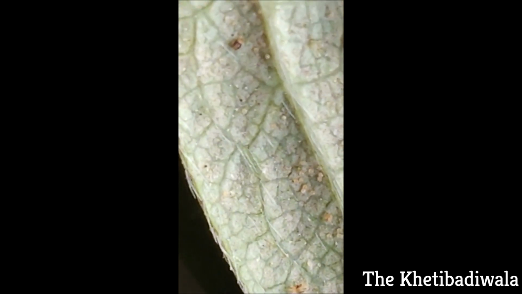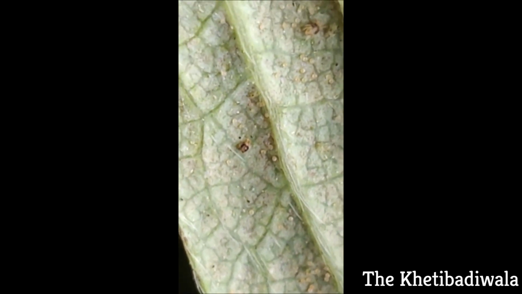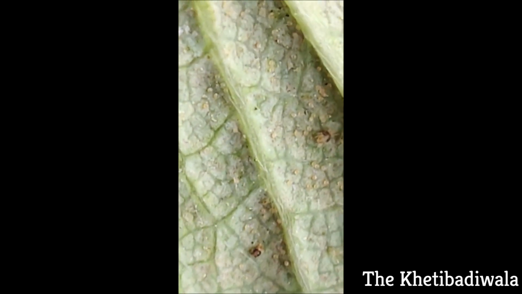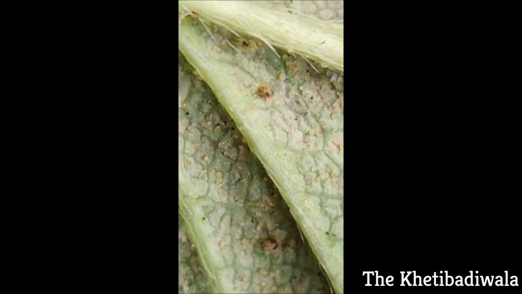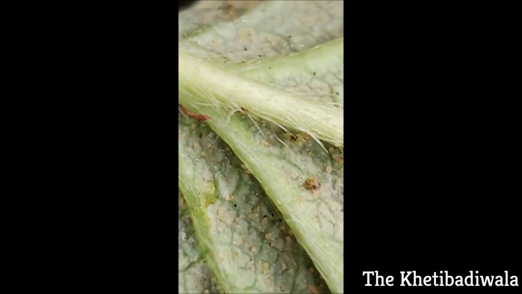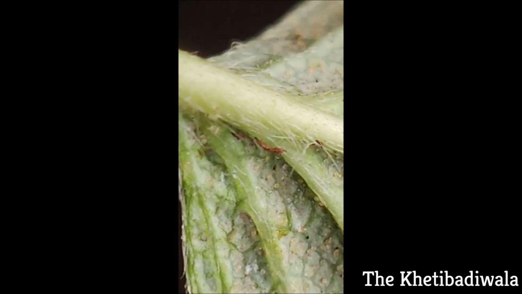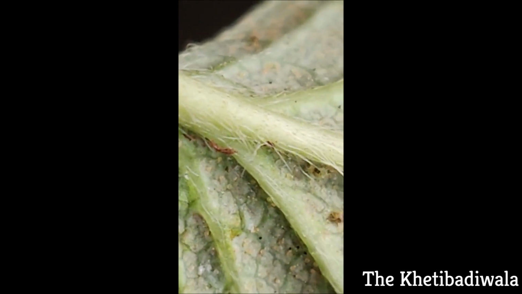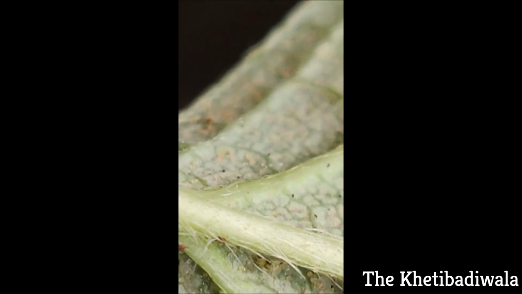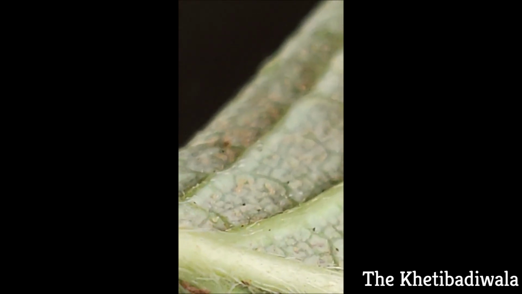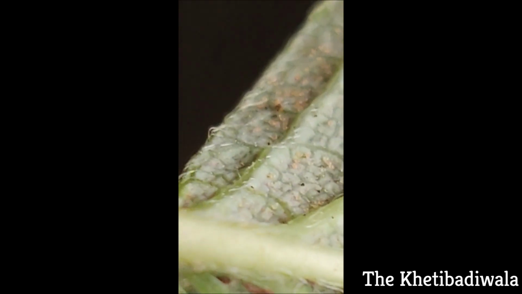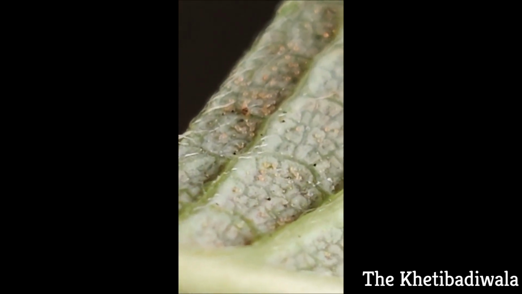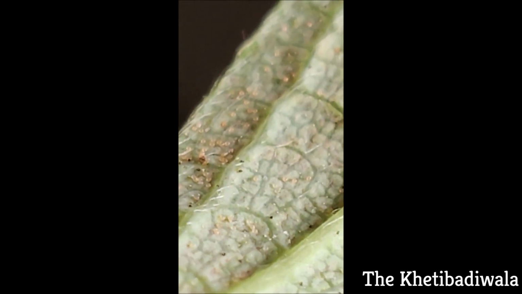If you see, the tiny mite is just moving on the leaf. They are developing, they are building their colony. And the most common mistake growers make is they consider the mite an insect. But for your information, the mite is not an insect.